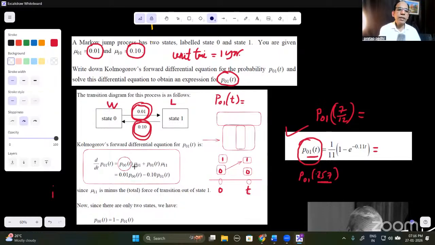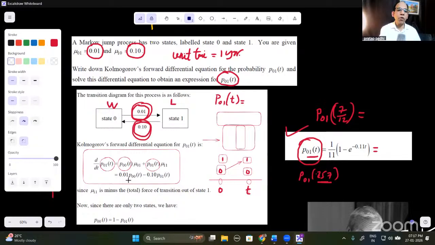Here you will have this piece again. P's are here, mu's are here. Remember, this is the most important concept of this. Now, remember in all these problems, mu's will always be given.